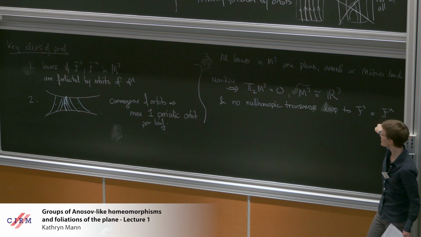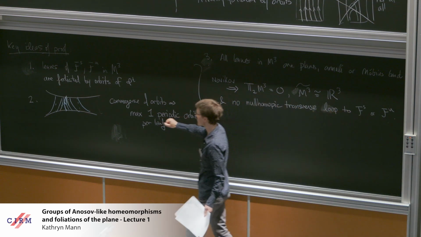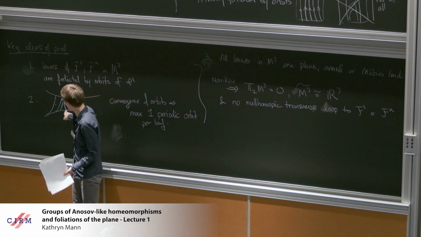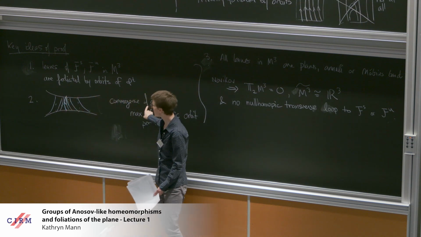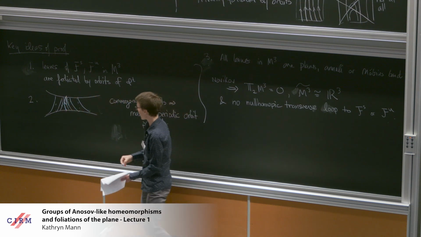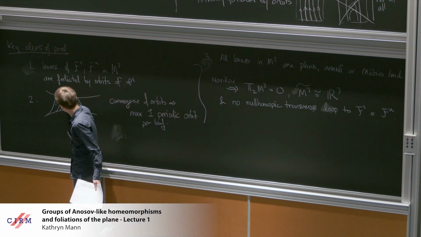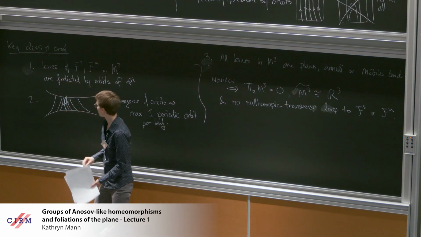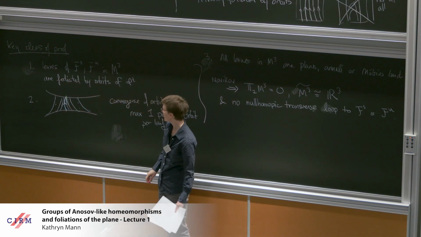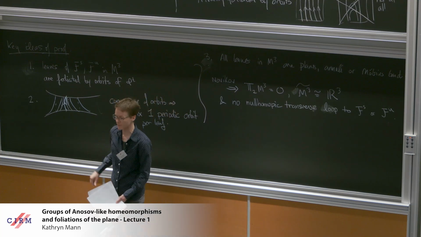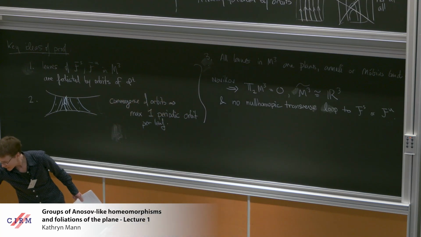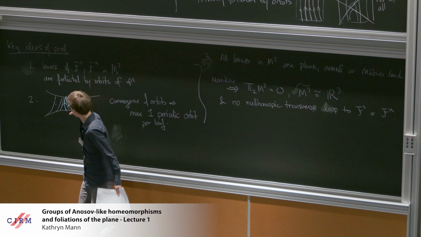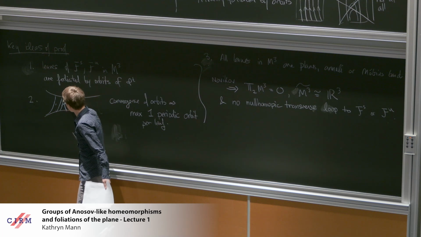And then I can even go back to this kind of picture, and it tells me, using again this convergence of orbits, that if I have a closed orbit like this in a cylinder leaf, then that is an essential curve in the fundamental group of my manifold. Because of this convergence property, I can push it off itself and make it transverse.